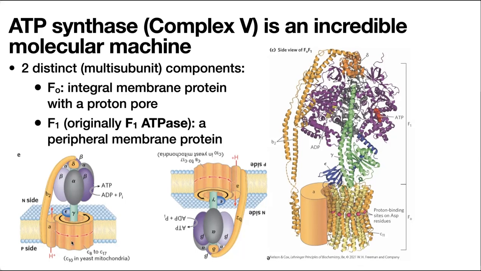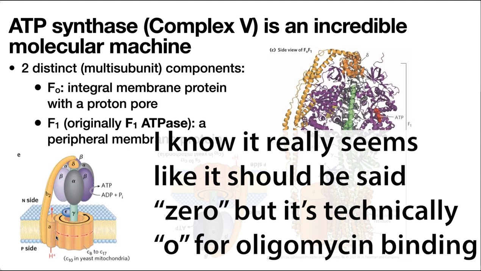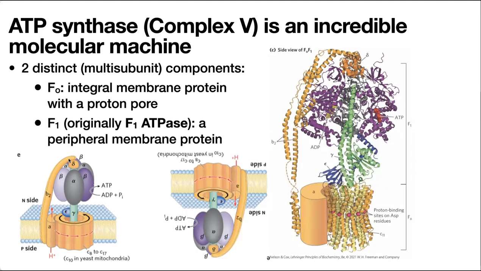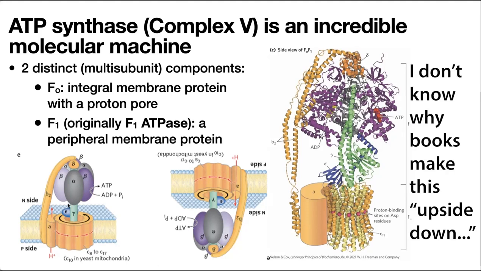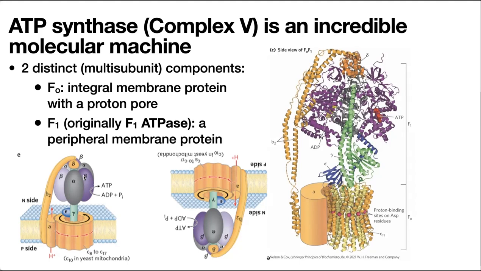As you saw in the video, you have these two distinct multi-subunit components. We have our FO or F0, this integral membrane protein, and we have this F1, which is going to be our peripheral membrane protein. In F1, this is where we're actually going to have the active sites in these beta subunits. And it's going to have this central stalk, this gamma subunit, that's going to connect things to our FO.